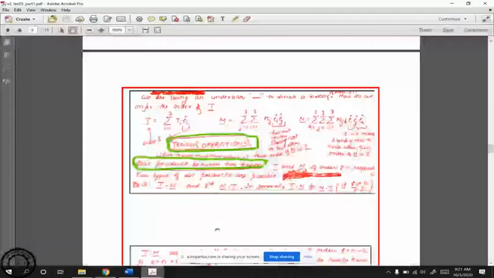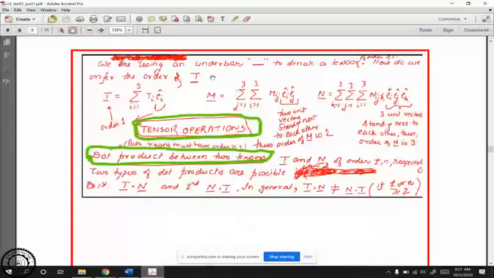Now moving on. I mentioned earlier also that in my course, I will use an underbar to denote all tensors of order greater than or equal to 1. Starting from vector to all other tensors, I will just use an underbar.